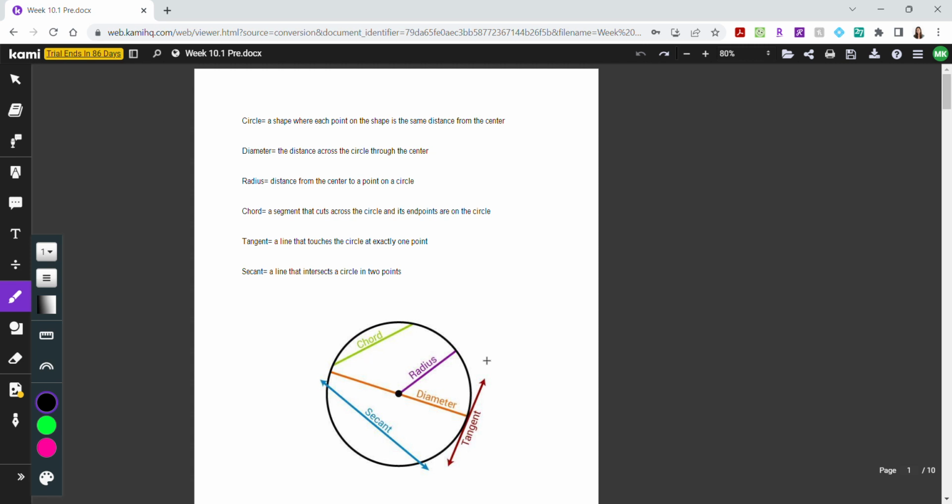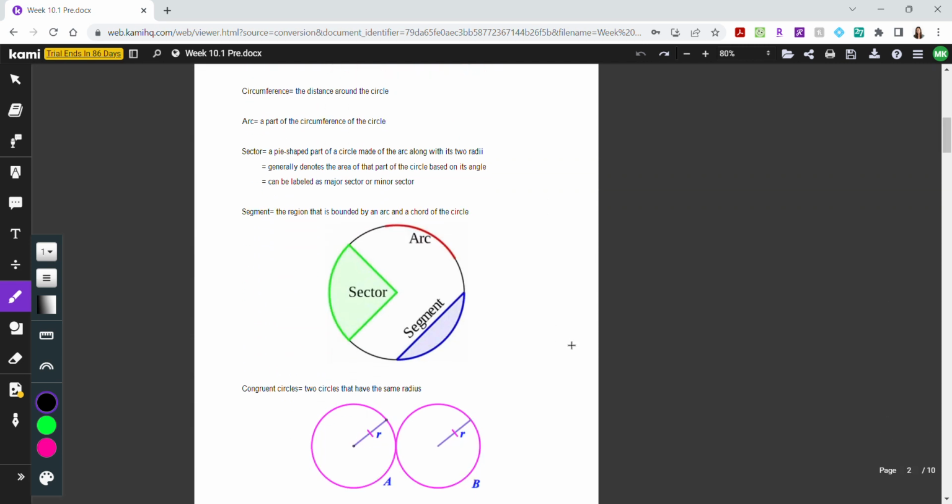Now a tangent, as you can see here, is a line that touches the circle at exactly one point right here. And a secant here is a line that intersects a circle in 2 points. So as you can see, it's like a chord except that it's extended past the circle, right? So it's going to go on and on forever. And that's a secant.